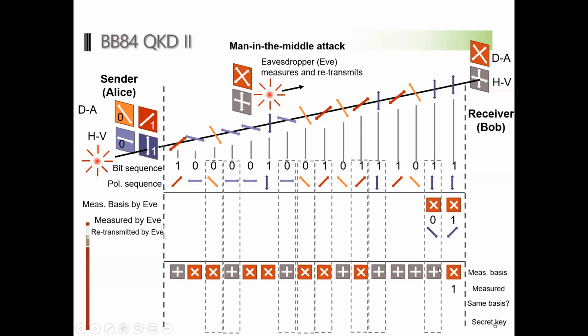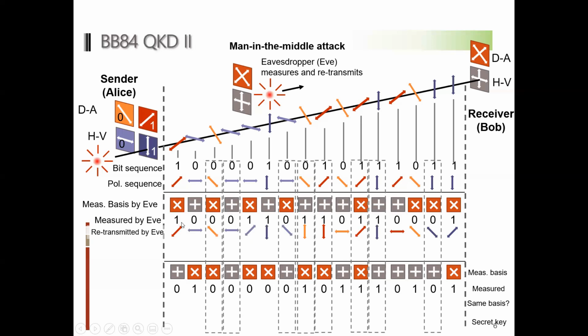In the previous case, I assumed that Bob will choose this HV basis like here, and this polarization will generate some random number on the Bob side. So let's say that, because it is random, zero might be received. If we keep doing like this, the choice of Eve is completely independent of the choice of Bob.